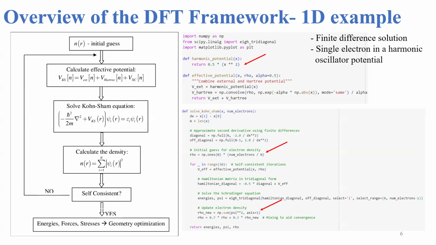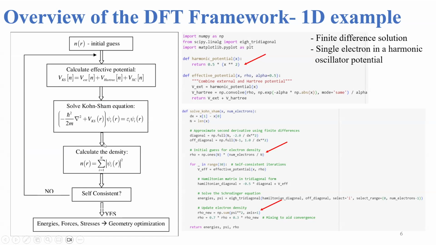So here is a nutshell or summary view of the DFT framework. Basically, we start with an initial guess of the electron density, and from there we can calculate the effective potential, broken down into external potential, Hartree Coulombic potential, and we dump all the many body effects in the exchange correlation term. We can solve this Kohn-Sham equation, get the psi and epsilon, which are the wave function and the eigenvalue of energy.